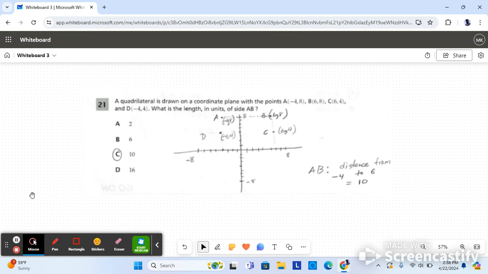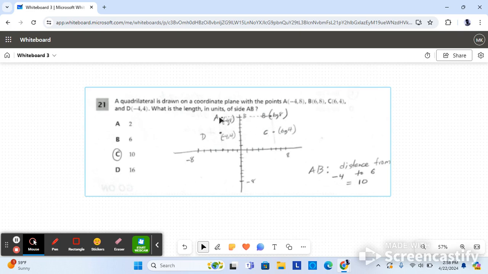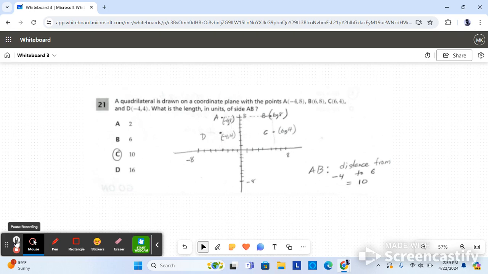So if you draw this coordinate plane, you can see that A and B make a straight horizontal line, and all you have to do is find out how many units is between -4 and 6, since the y values are the same, and that is 10. So the length is 10, which is answer choice C for number 21.